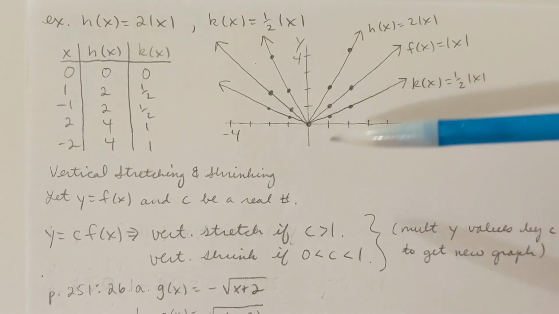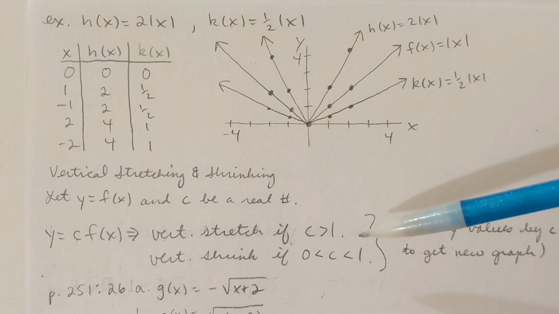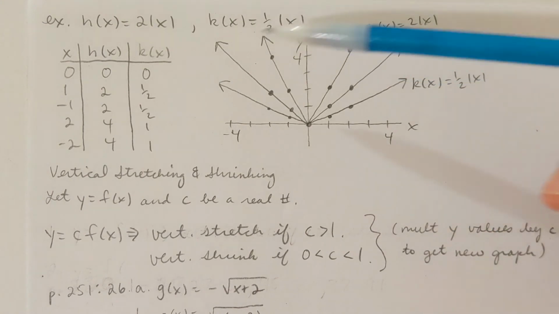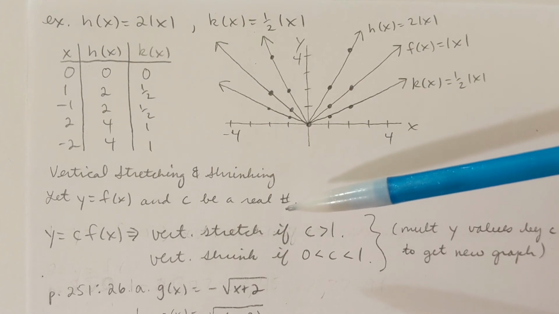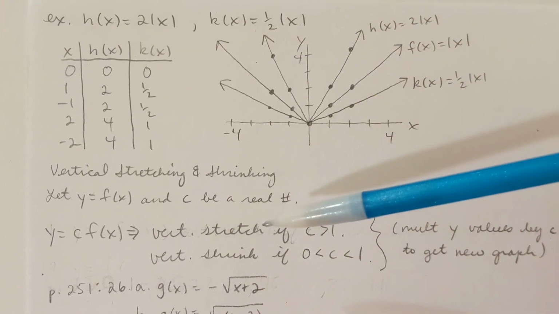If c is 1, which I don't have, I've done nothing to affect the original graph. If I'm just multiplying by 1, that doesn't change anything.